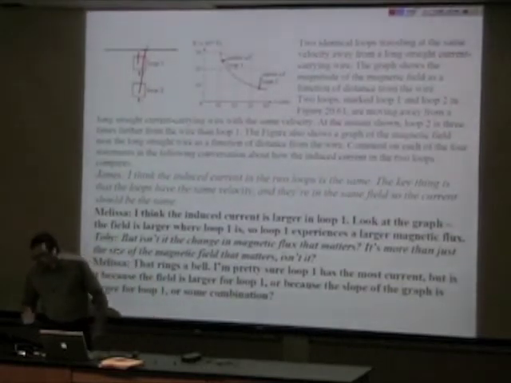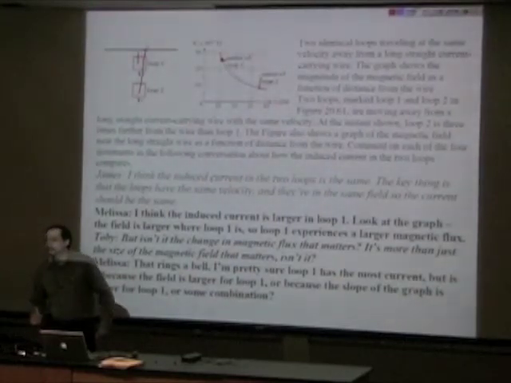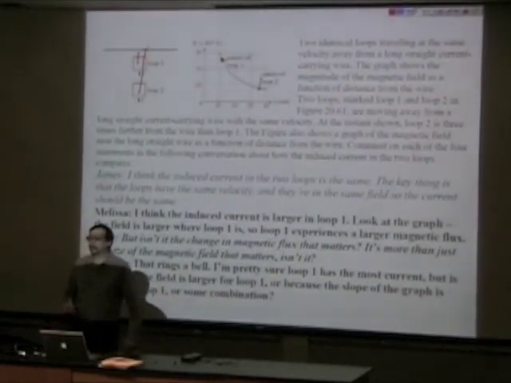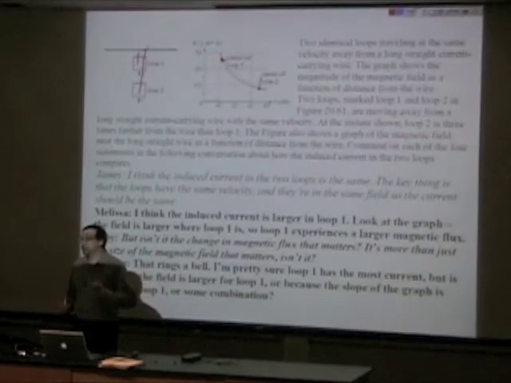Well, first of all, of course, the magnetic field is different. If we're close to the wire, the magnetic field is strong. If we're far away, it's weaker. But the magnitude of the magnetic field is not important when we talk about change. When we talk about change, the rate of change is important.